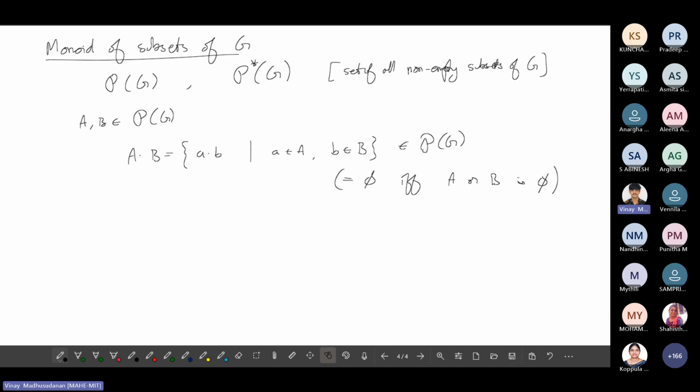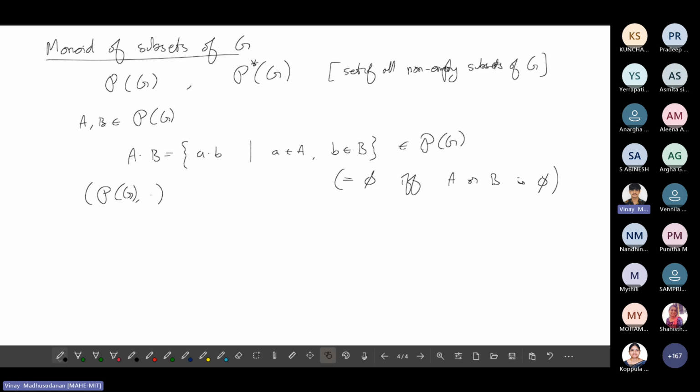But what structure does this have? It is a magma for sure. Whether you take P of G or P star of G together with this dot, it is definitely a magma. It is just a set with a binary operation. But what else can you say about it? Is this operation associative? Yes, because we define it in terms of elements.